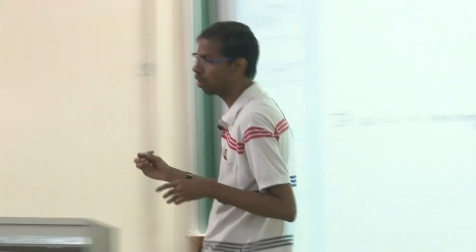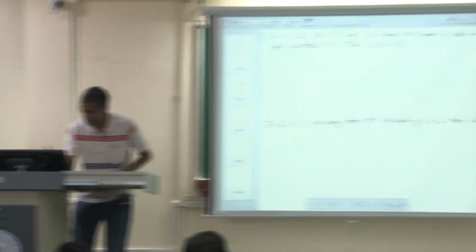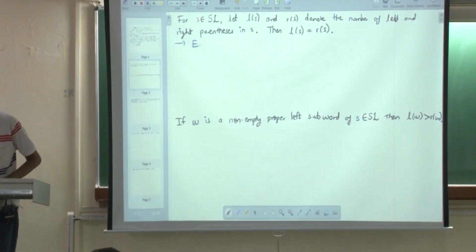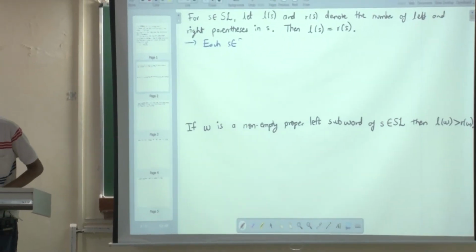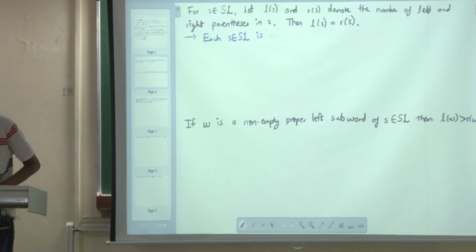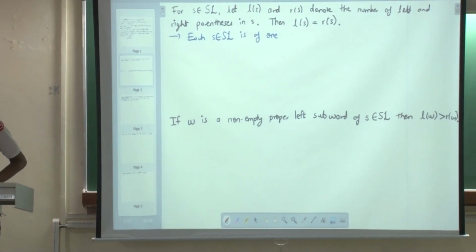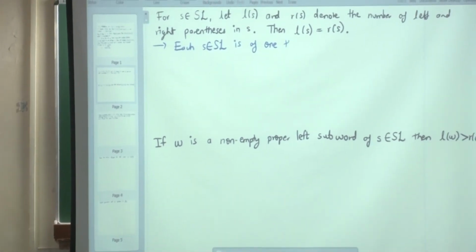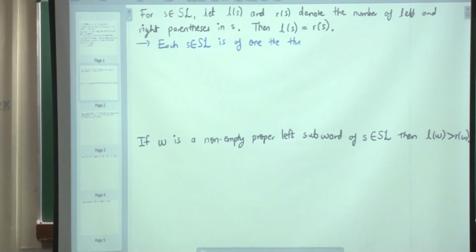Every formula, let me write that. Each S in SL is of one of the following 3 forms.